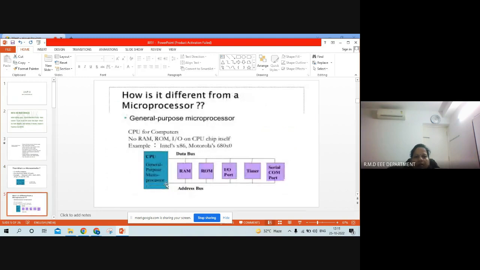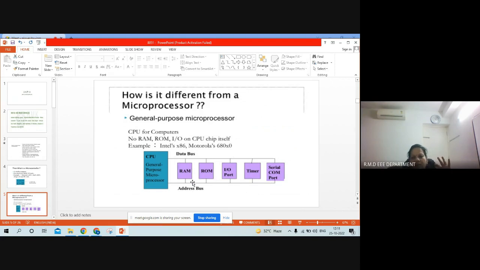In what way does the controller differ from a microprocessor? A microprocessor is meant for general purpose, where the CPU is there and we have to provide separate chips for ROM, I/O, everything. The CPU of the general purpose microprocessor is connected with an external RAM, ROM, I/O port, timer, and serial communication port with the help of the data bus and address bus.